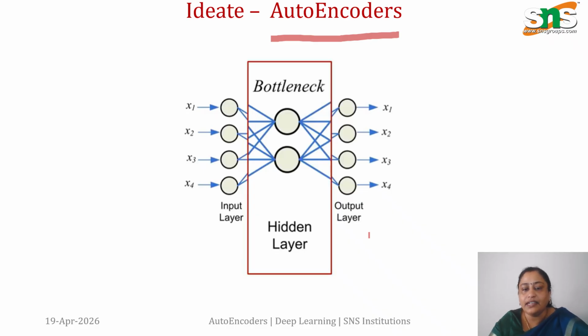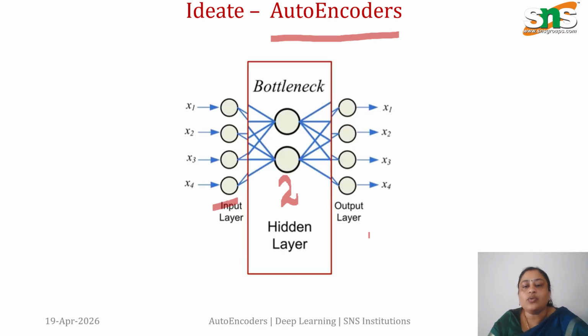For example, consider you have 4 neurons: X1, X2, X3, X4. This input is passed to your encoder part. The encoder architecture takes only the meaningful information from these 4 neurons. That is why you have 2 neurons as the compressed information, or the bottleneck.